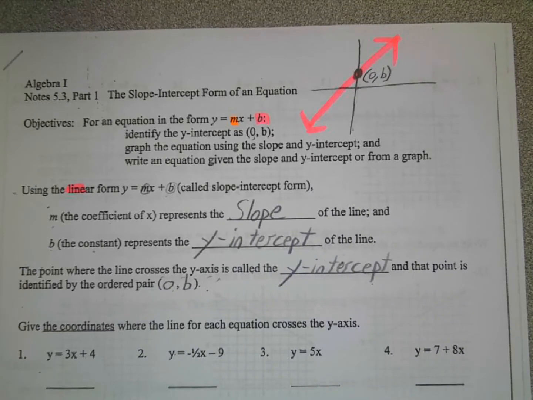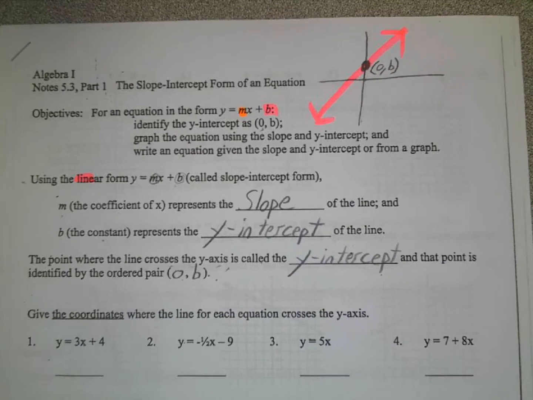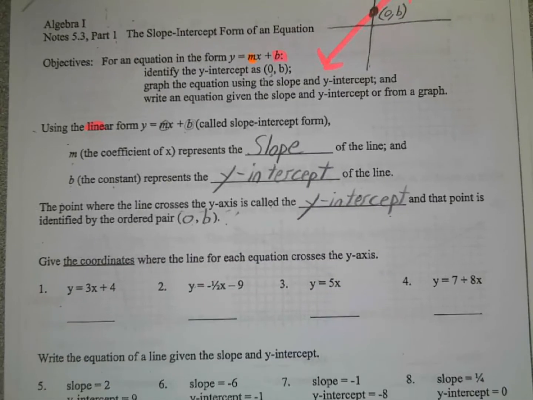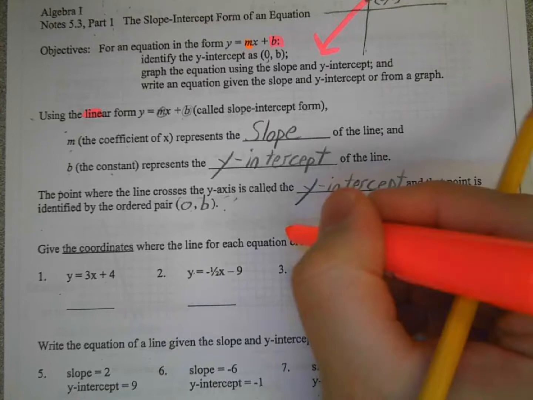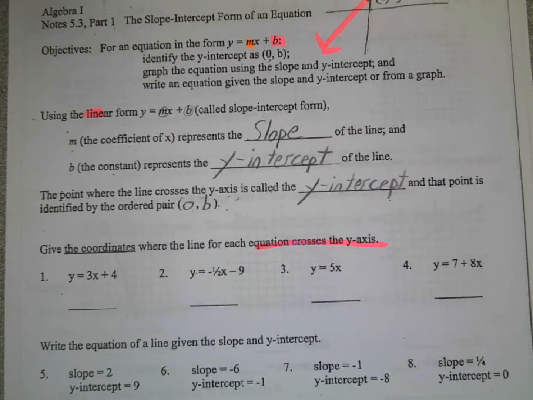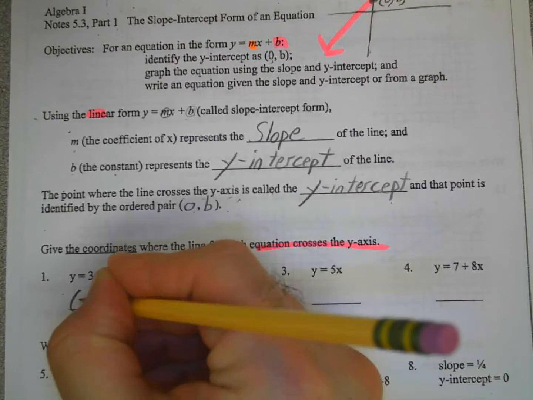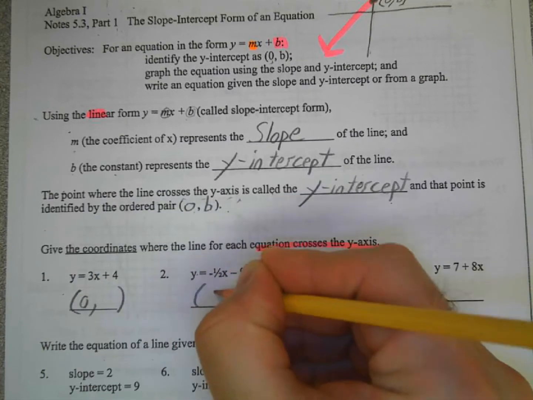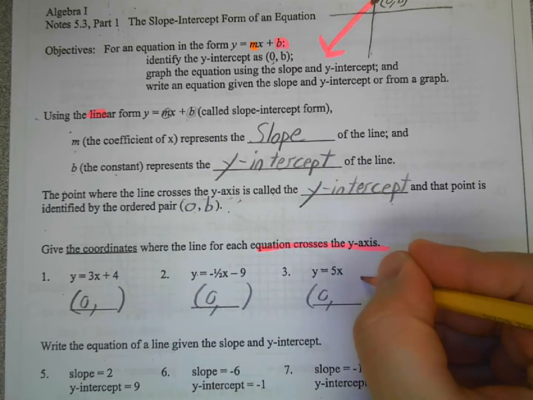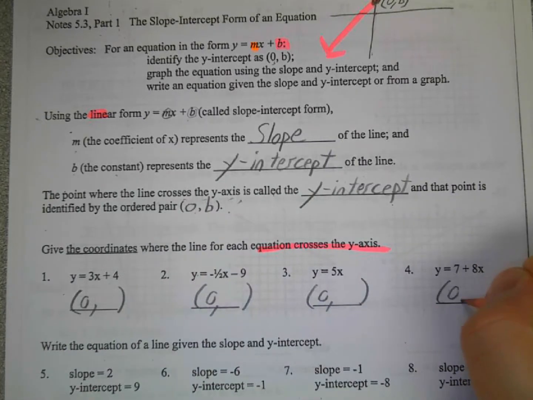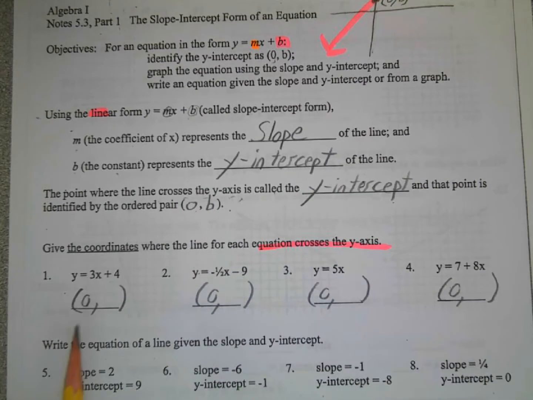All right, so let's go ahead and find this coordinate, practicing just by looking at the equation. If I wanted to find where it crosses the y-axis, I know that for all of these I'm going to start with 0. So for all of these, right here, 3 through 4, the form is (0, b). So now it's time to find the b.